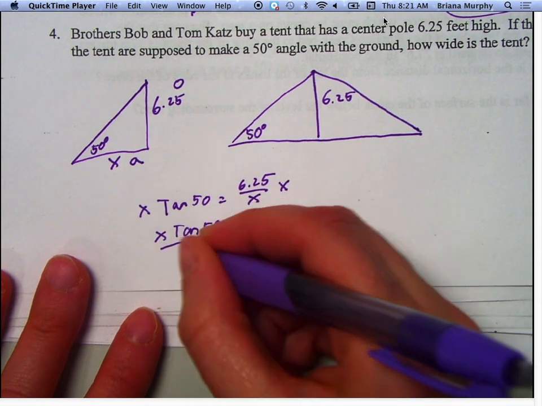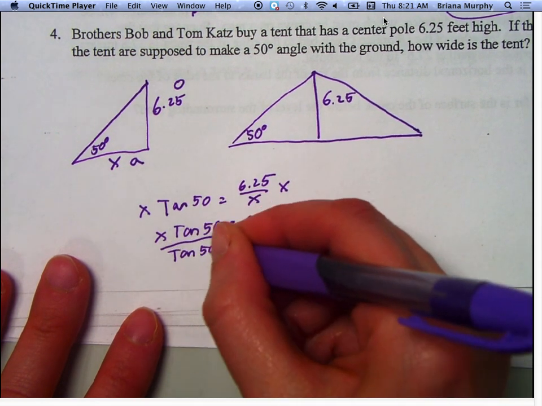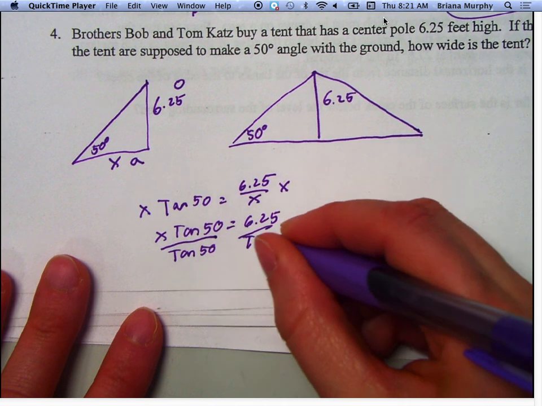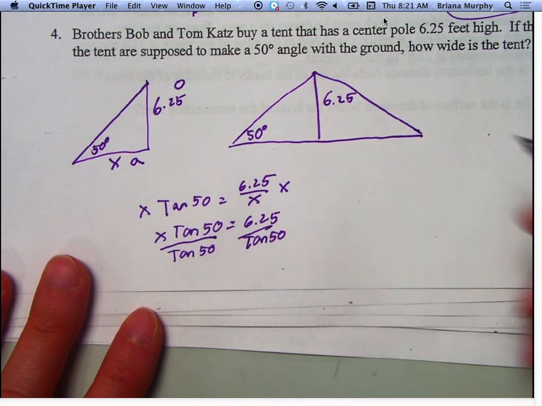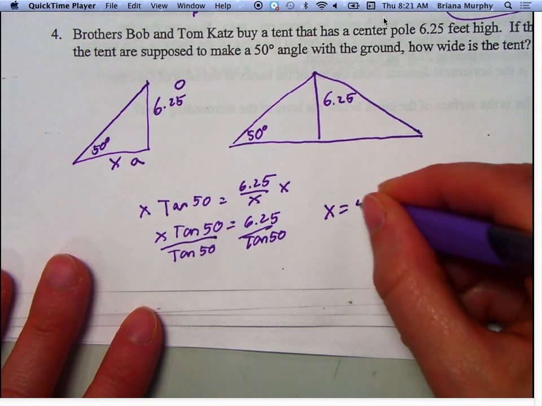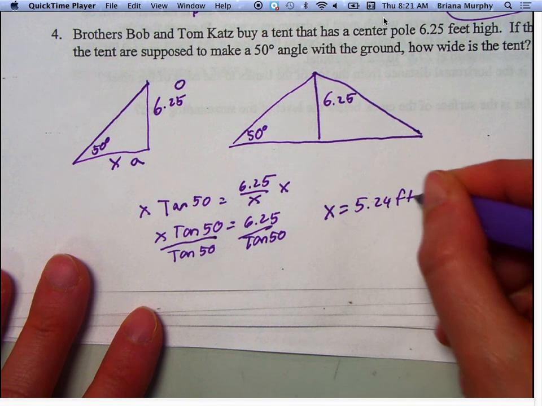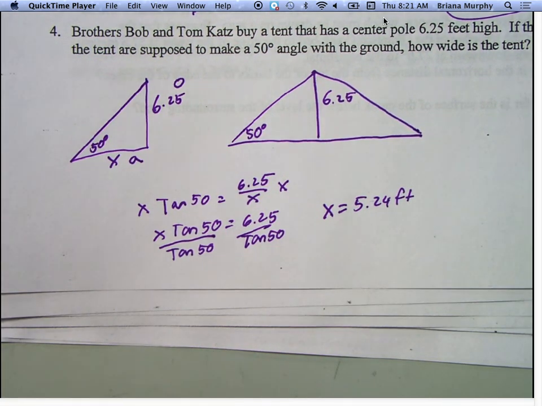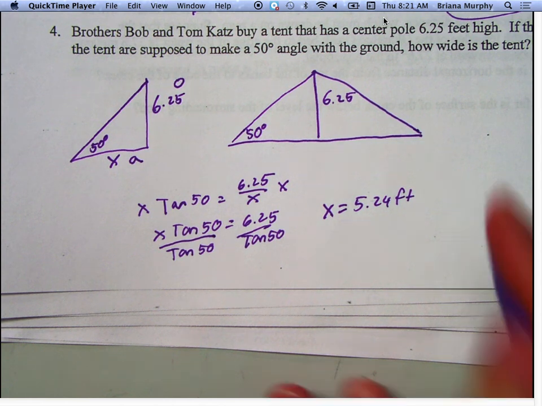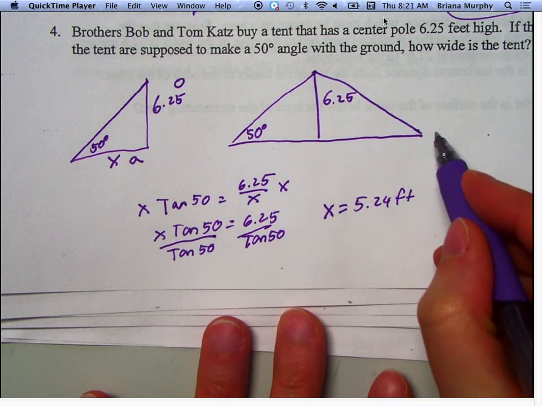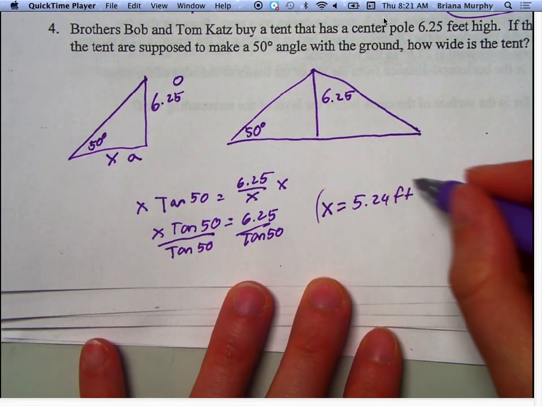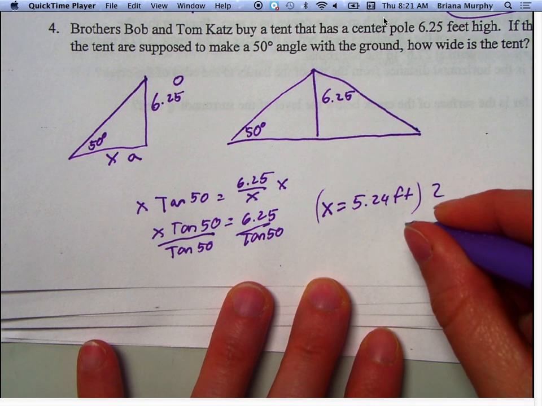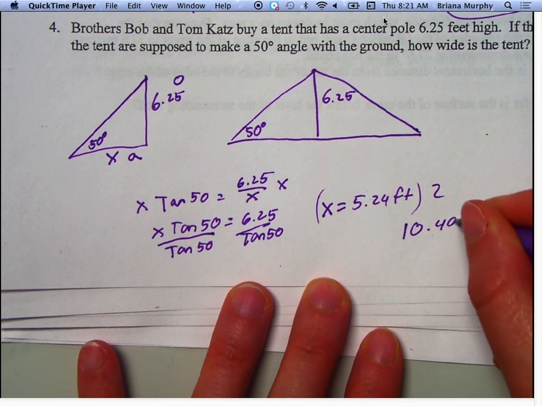I divide both sides by tan 50, and I get x equals 5.24 feet. So is my tent 5.24 feet wide? No, how come? Because you have to do the other half of the tent, right? So we'd have to times this by 2, and my tent is 10.49 feet wide.